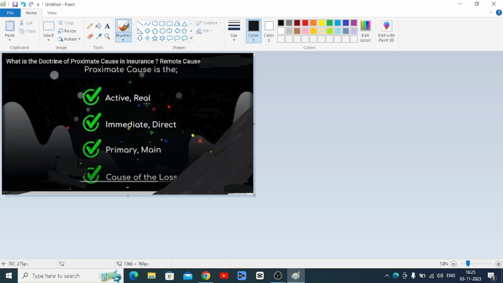It should start the events of the problem. It should start the cause of the problem. That is proximate cause. The one which caused the beginning of the problem, the real, active issue which started the problem, should be covered by insurance.